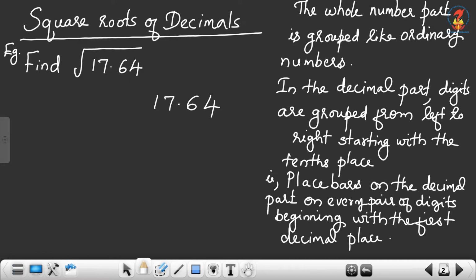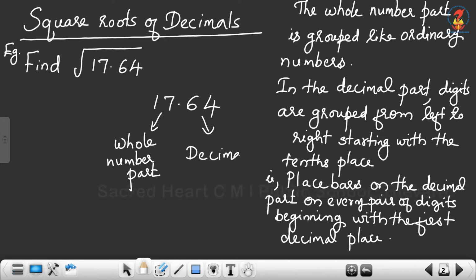Now consider the decimal number 17.64. A decimal number has two parts. So 17 is the whole number part, and 64 is the decimal part. Now we have to place bars over the whole number part and the decimal part.